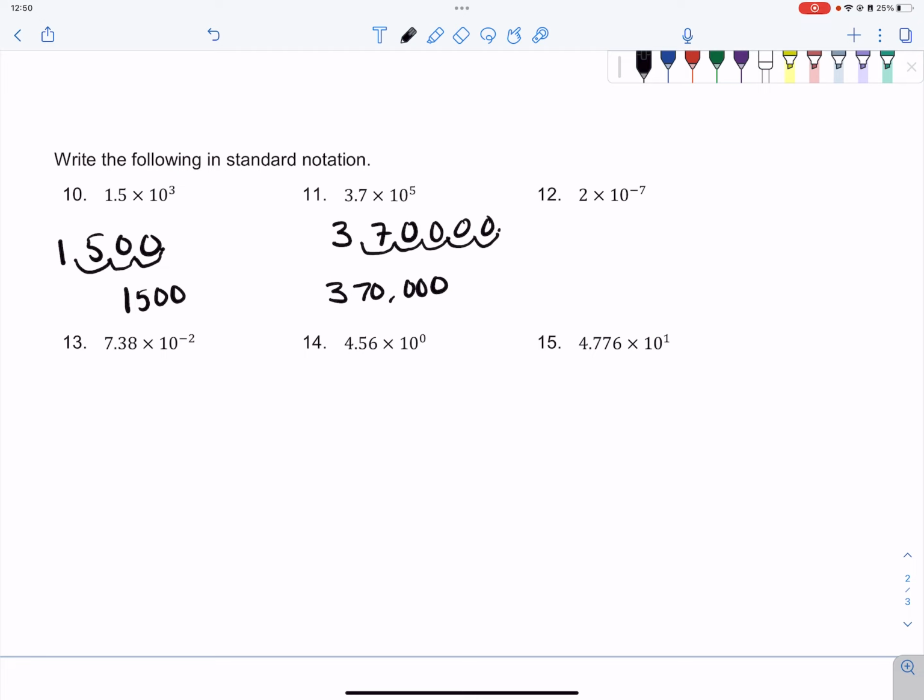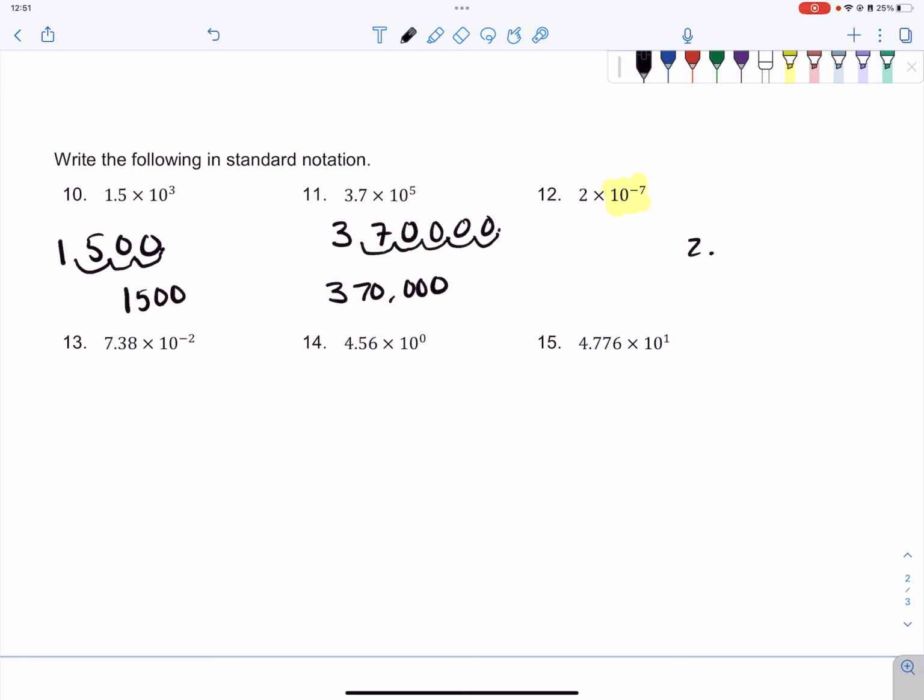The next one, we have 2 times 10 to the negative 7th power. So this means I technically have my 2, and then the original decimal place for this would be right after the 2. But now I need to move the decimal place 7 spots, but I need to move it in the direction that's going to make it smaller, because 10 to the negative 7th power is a very small number.